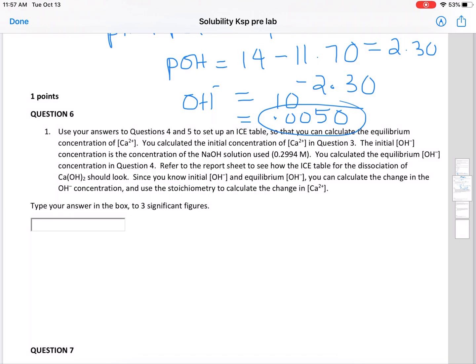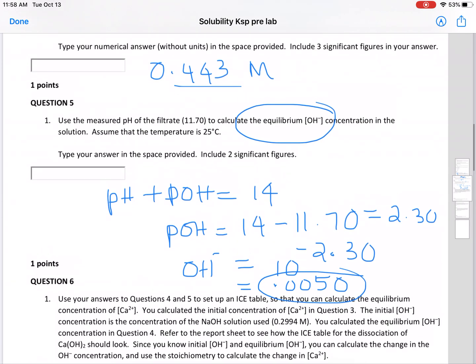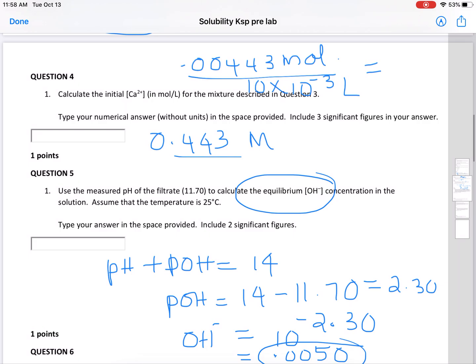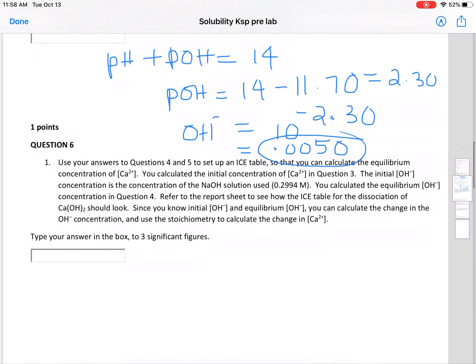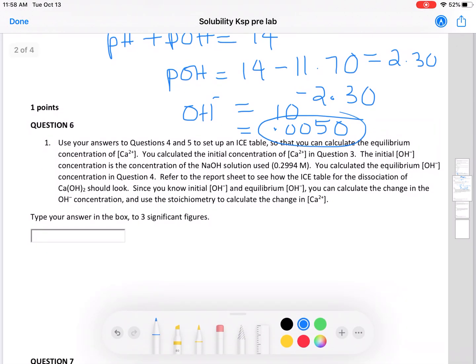You calculate the initial concentration of calcium ions in question 3. No, question 4. You calculated the initial concentration of calcium ion in question 4. This is a typo. This should be 4, because question 3 is the number of moles, but it is going to be 4. The initial concentration is the concentration of the sodium hydroxide solution used, 2.994.